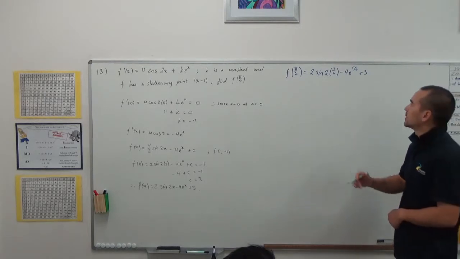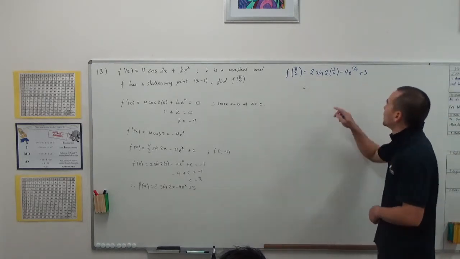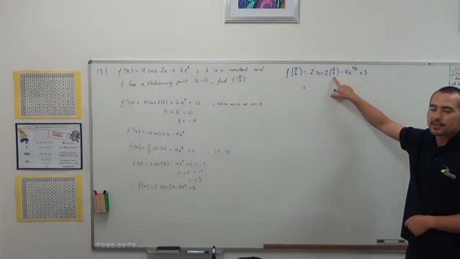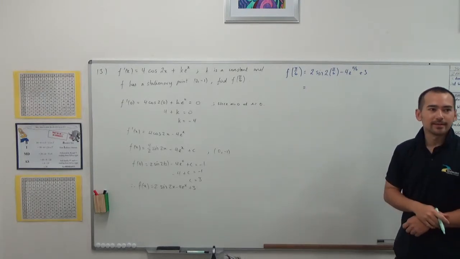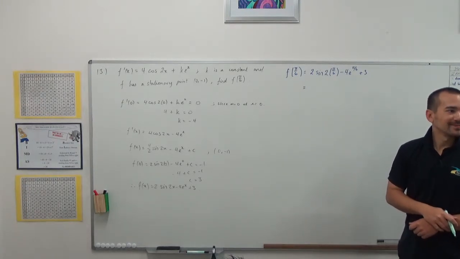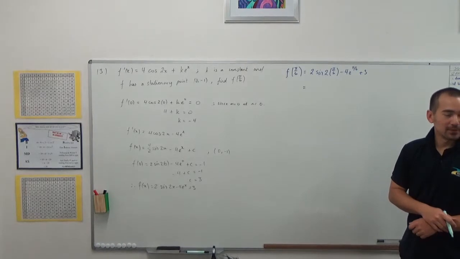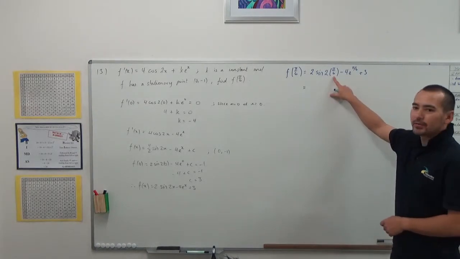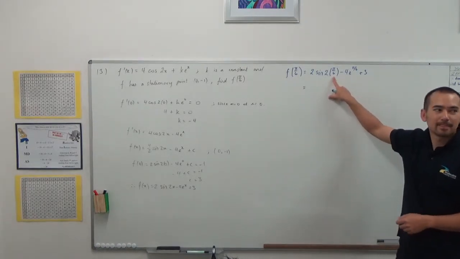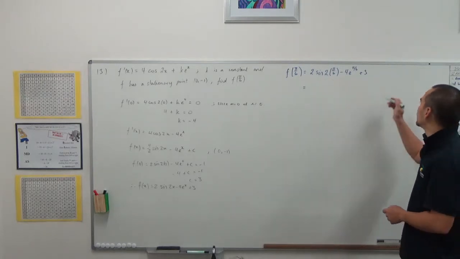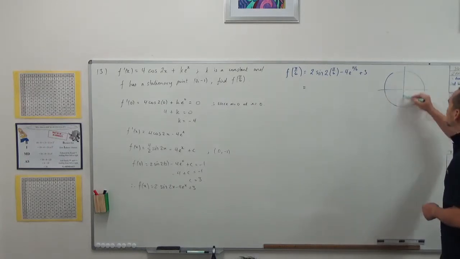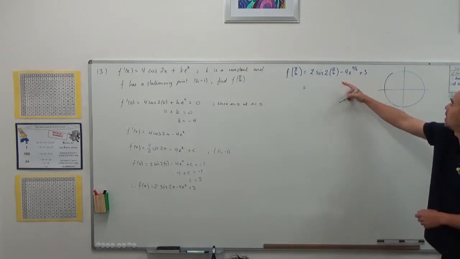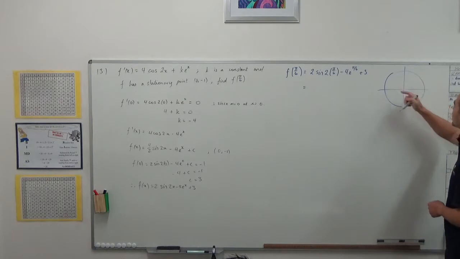Let's try to simplify this. 2 times pi on 6 is the same as pi on 3. What is the sine of pi on 3? Root 3 on 2, very good. Pi on 3 is how many degrees? 60 degrees. Okay, so let's just do a little refresher on our unit circle. Pi on 3 is 60 degrees, so here's pi.